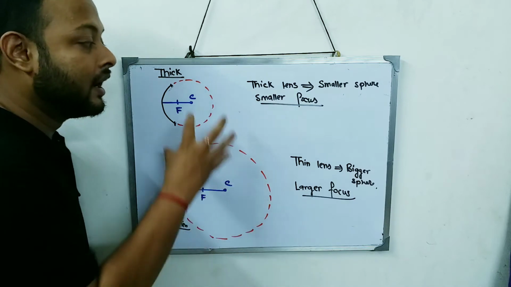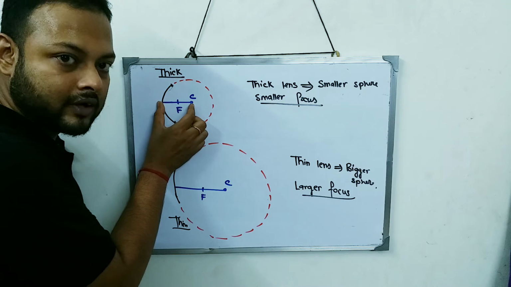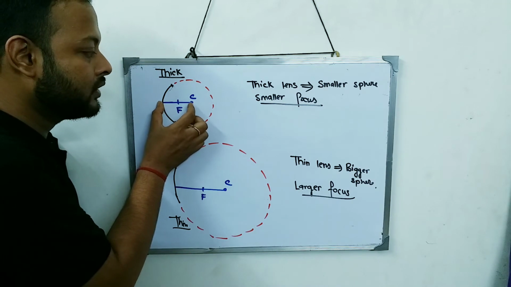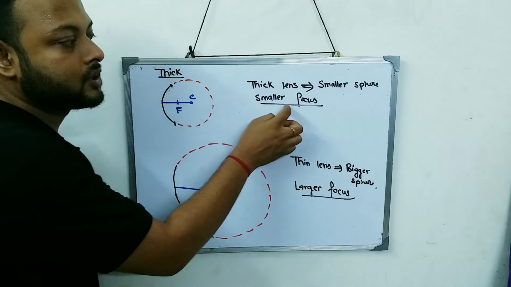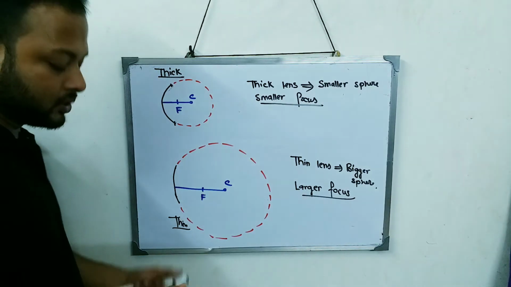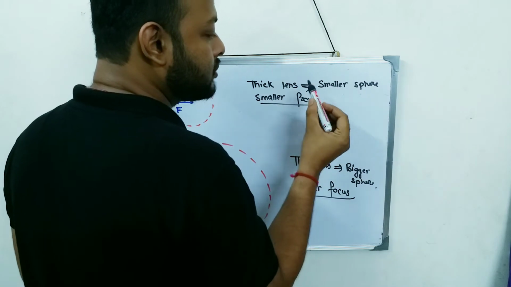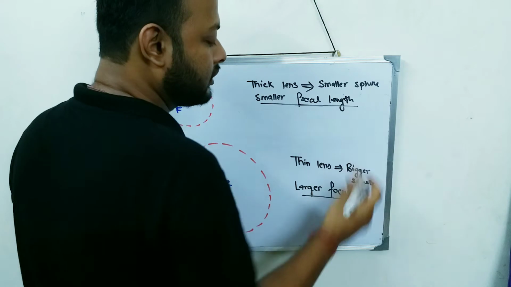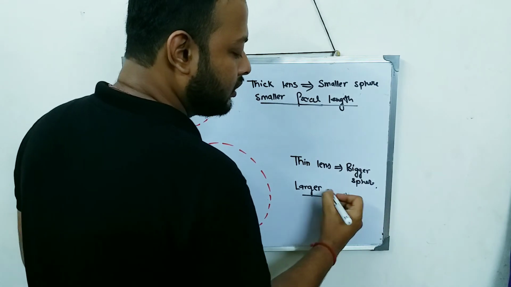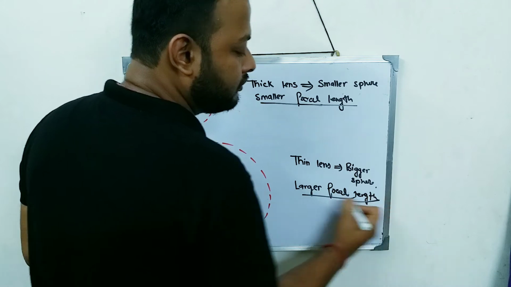And a smaller sphere will have smaller radius of curvature. As a result, it will have smaller focus. Actually, not focus, it is smaller focal length, and a larger sphere will have larger focal length.